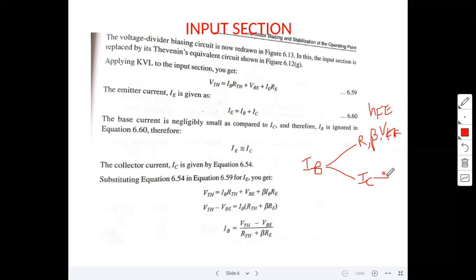Why? Because this is for stability. We have to express the base current in terms of collector current to find out the stability factor.